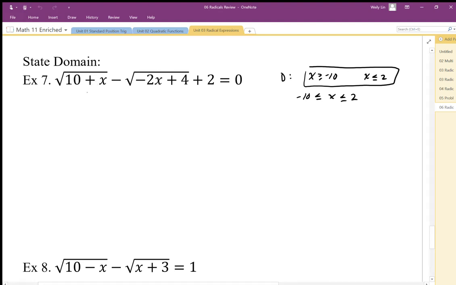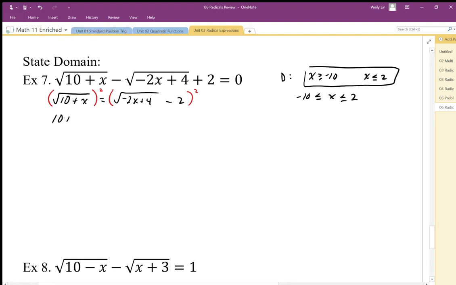So we need to isolate one of the square roots. I'm going to move this square root to the other side. I'm going to get rid of the square root first. And again, whenever you square these binomial terms, you have to make sure you distribute out correctly.